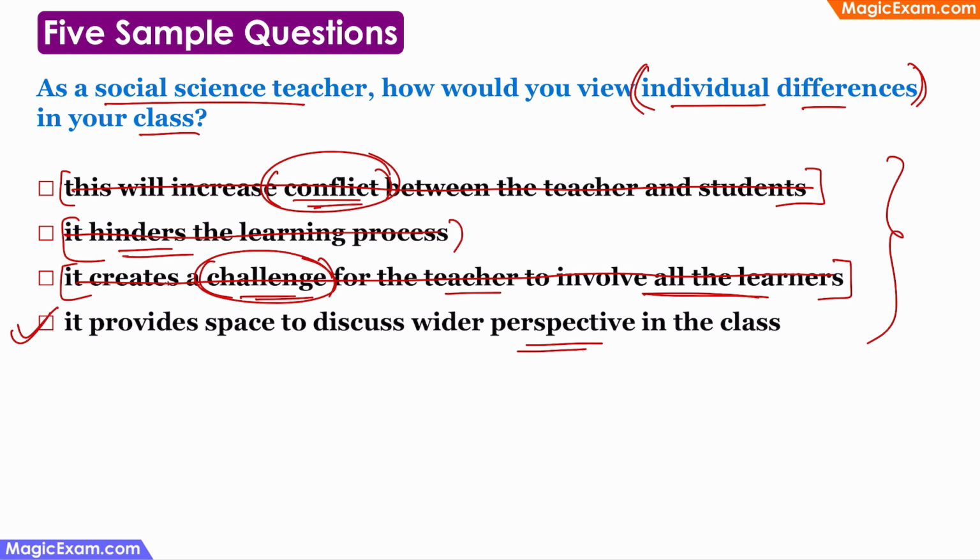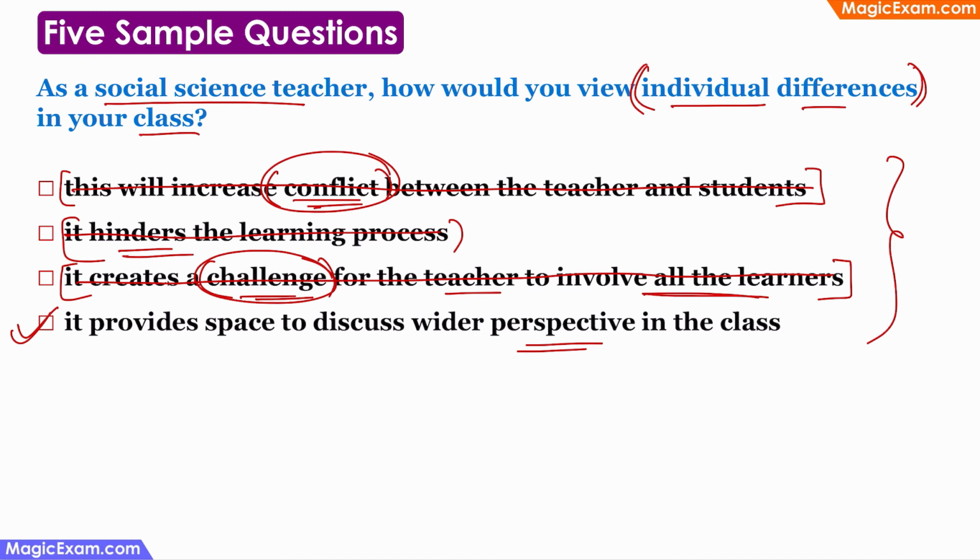Now this is correct because if there are children from different backgrounds in the classroom. For example, if there are children from business background and there are some children from families which are involved in agriculture, and there is a discussion happening in the classroom about agriculture and crops and how food crops are grown, then the children coming from this agricultural background, right, they can bring in their own experience, their own opinions, their own reality, because they have seen this in real life, right?